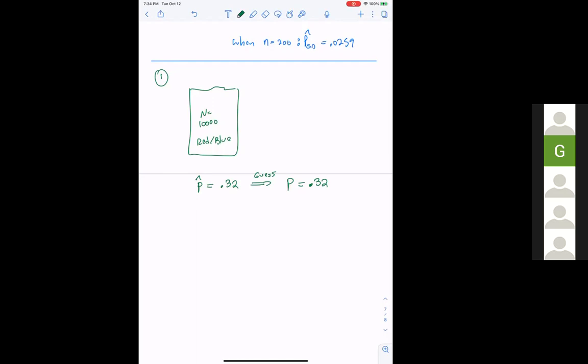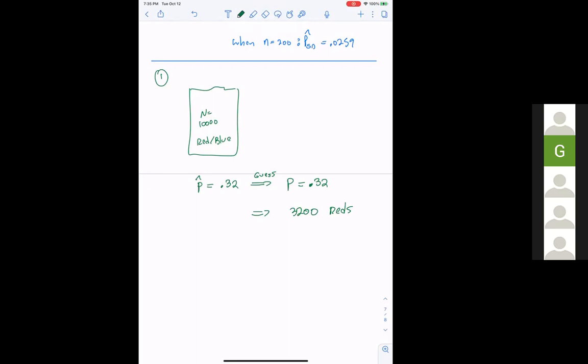If the value from your sample had nothing to do with the population, what's the point? But if my sample is 32% red, then my best guess for the population of all chips is 32% red. In which case, how many red chips are there? Not 32, 3,200. Because there's 10,000 chips, 32% of them are approximately red. So if I were to guess to win this $500, I would get something in the vicinity of 3,200.